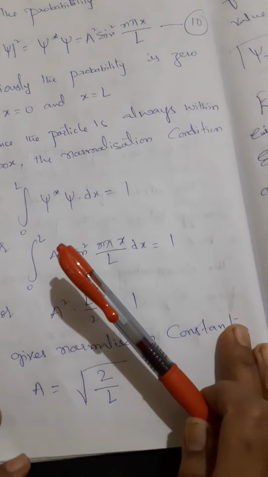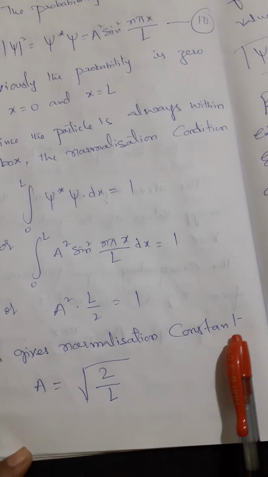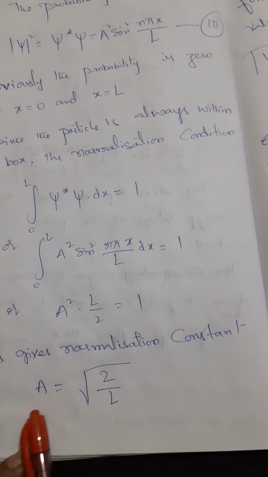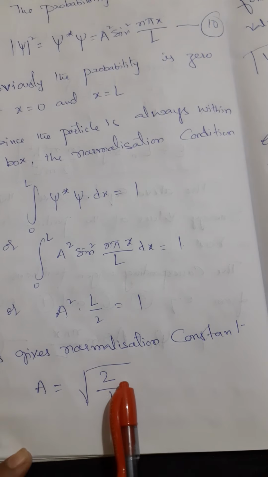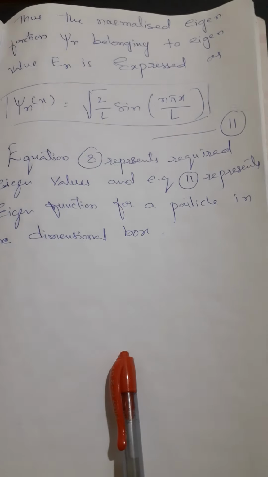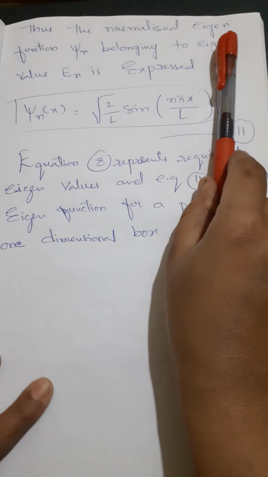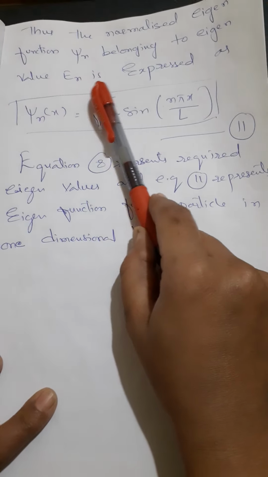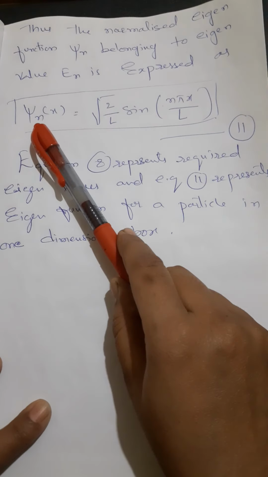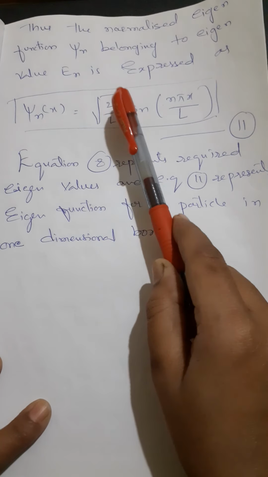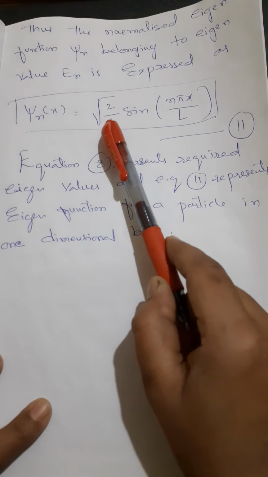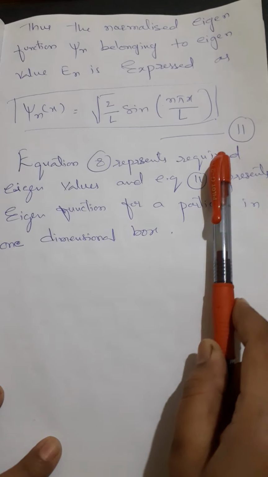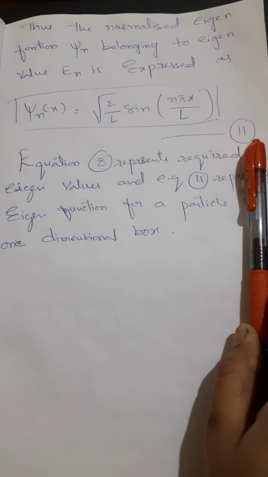Now this gives the normalization constant, that is a is equal to under root of 2 by L. This is one constant we got, the value under root of 2 by L. Thus the normalized eigenfunction psi n belonging to eigenvalue En is expressed as psi n(x) is equal to under root of 2 by L sin of n pi x by L. Let us take this as equation number 11.